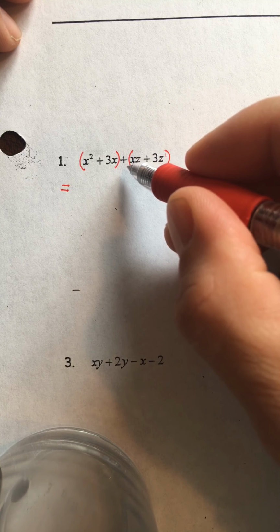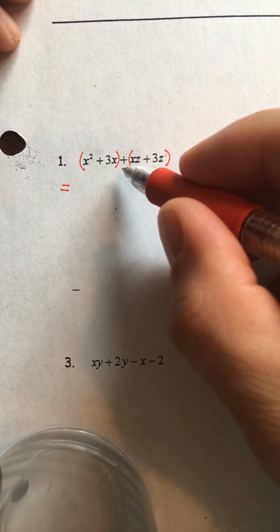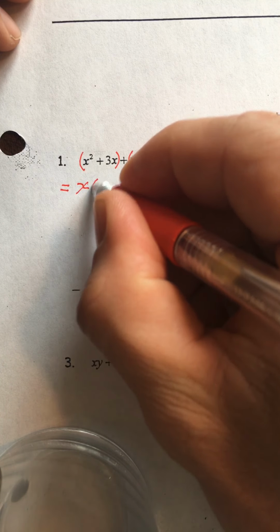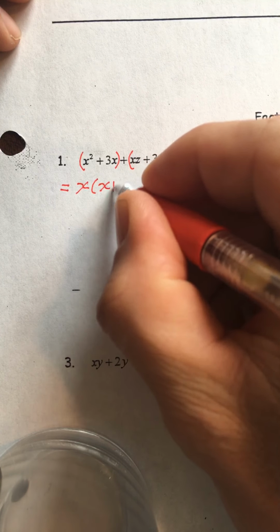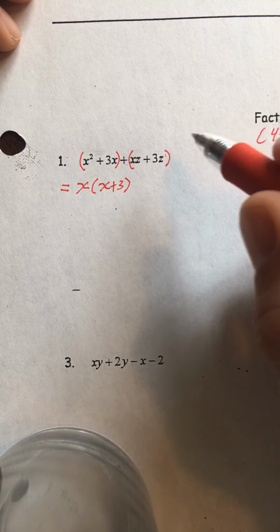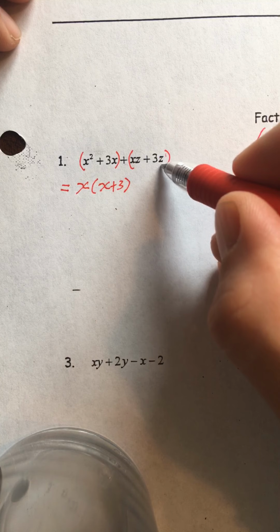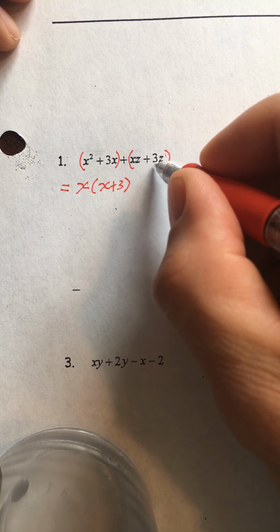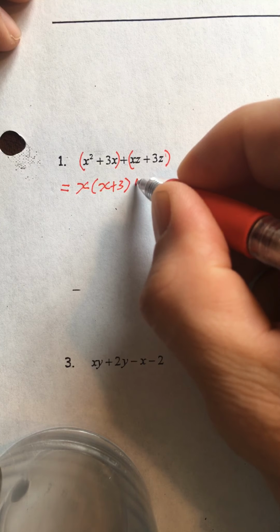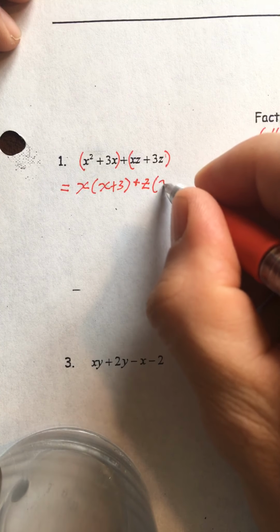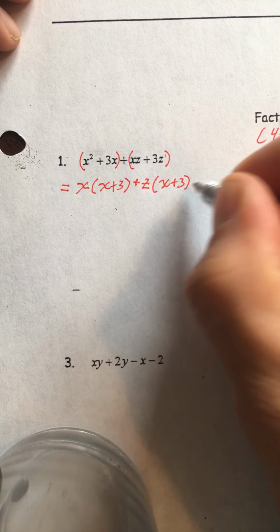After we group the first two terms, we look for a greatest common factor, which would be x. If I take out an x, x plus 3 would be left. Now I'm going to do the same thing to the next two terms. The third and fourth term, I'm looking for a greatest common factor, which is z. So I'm going to factor out a positive z, and what's left there is x plus 3.